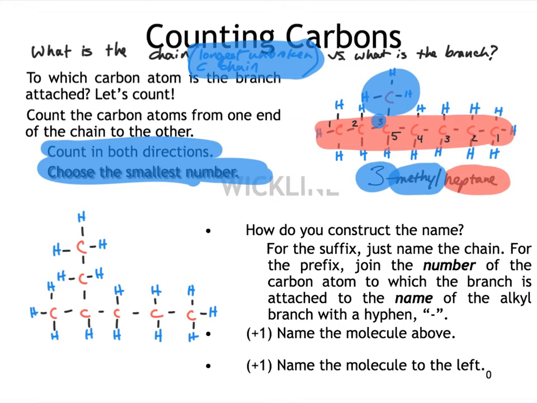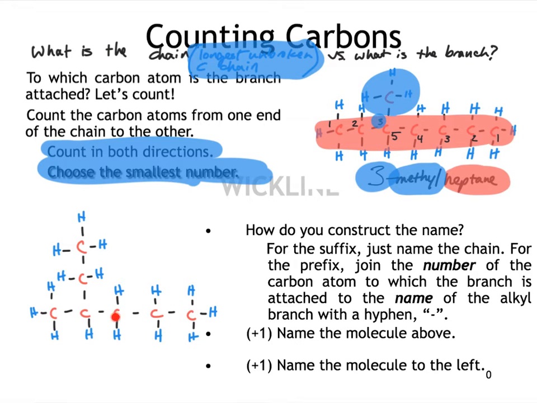So using that, I want you guys to take a little bit of time right now and write down what you think the name of this molecule would be. First, find the longest unbroken chain. So the question is, is the chain going to be this guy, which is sort of the obvious answer for many of us, or is there a longer chain than this?